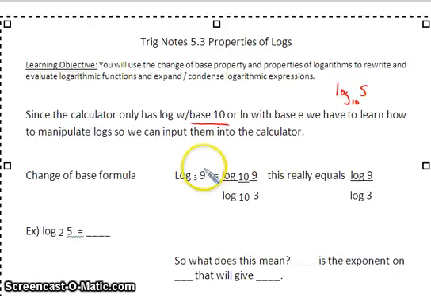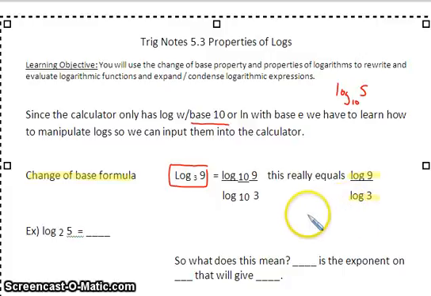If I ask you to put something like log base 3 of 9 in the calculator, you can't do that. But what you can do is use the change of base formula. You would type it in the calculator like this: log of 9 divided by the log of 3. Because really, it's the log base 10 of 9 and log base 10 of 3.